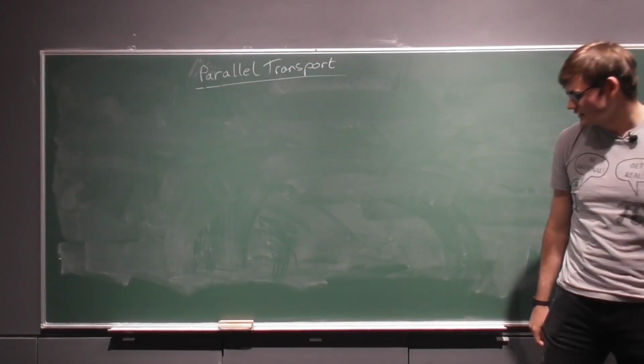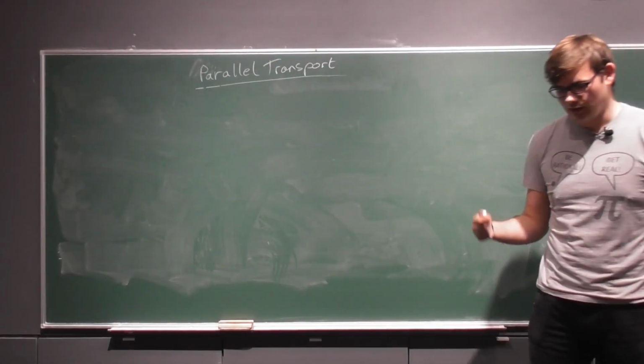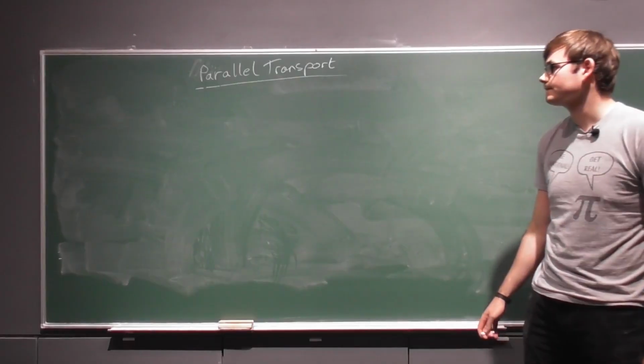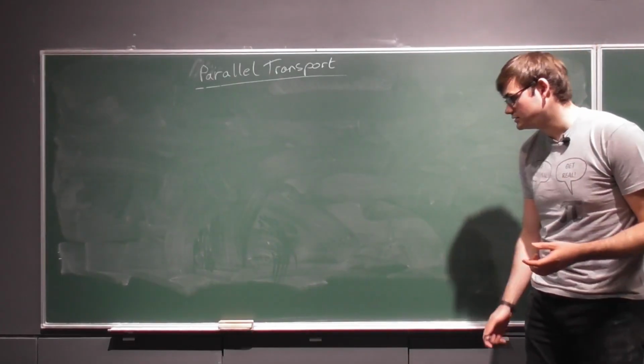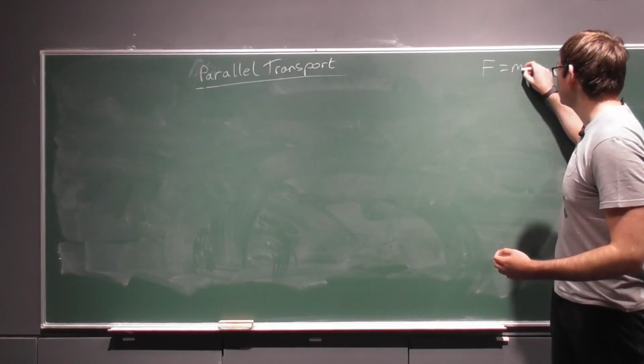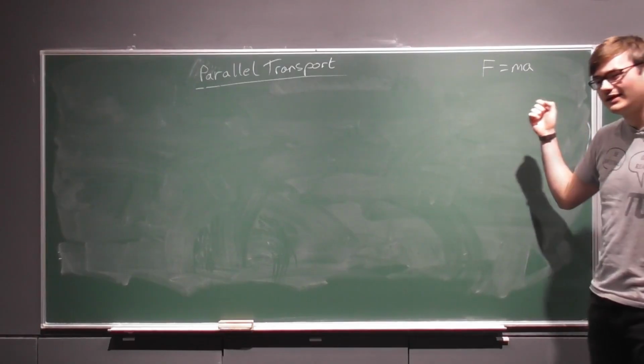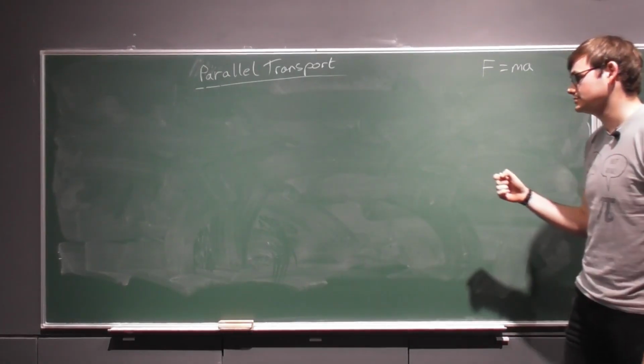All right, so having discovered a law similar to Newton's law in curved spacetime, we would like to do one better. You may know, if you've studied classical mechanics in detail, that Newton's law can only take you so far in solving certain problems.